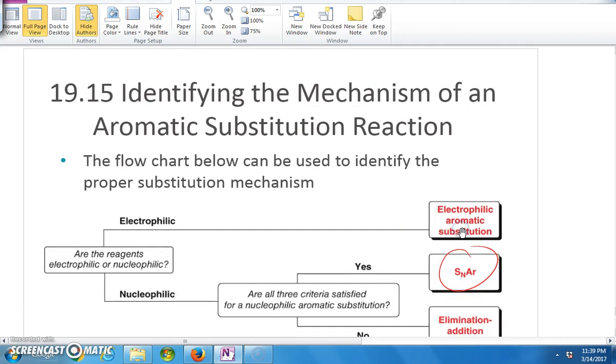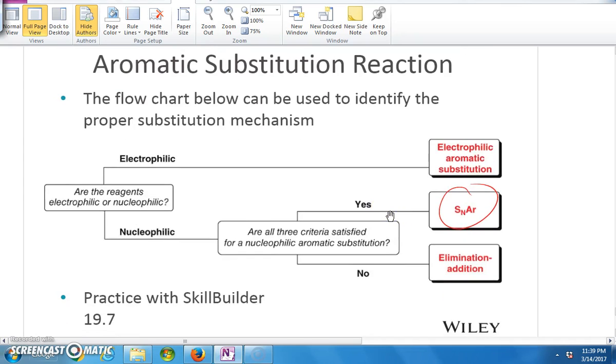Now let's talk about how to identify the mechanism of an aromatic substitution reaction. This flowchart can be helpful to identify the proper substitution mechanism. If you have an electrophile, then you have an electrophilic aromatic substitution. If you have a nucleophile, then you have to ask yourself, is the benzene acting as a nucleophile or an electrophile? It will act as an electrophile if all three conditions are met.